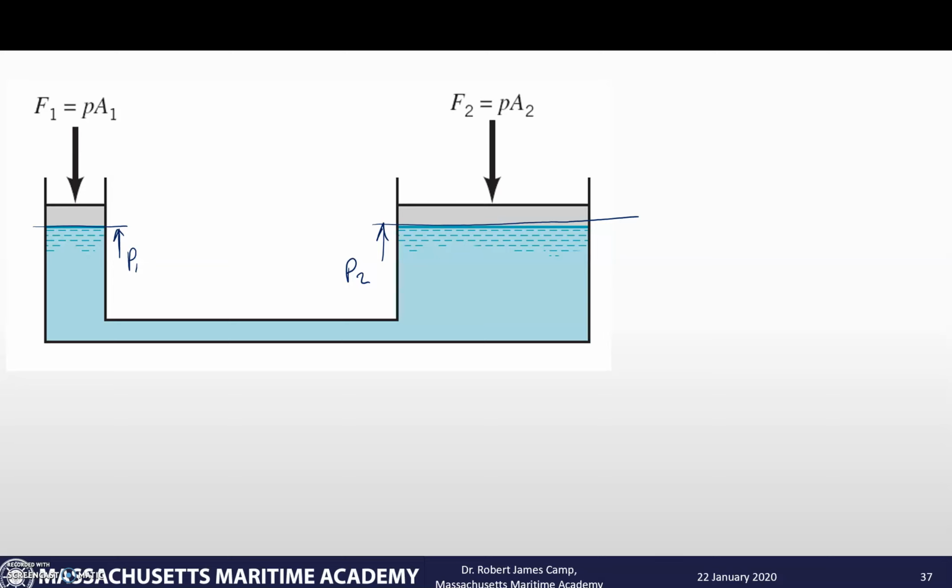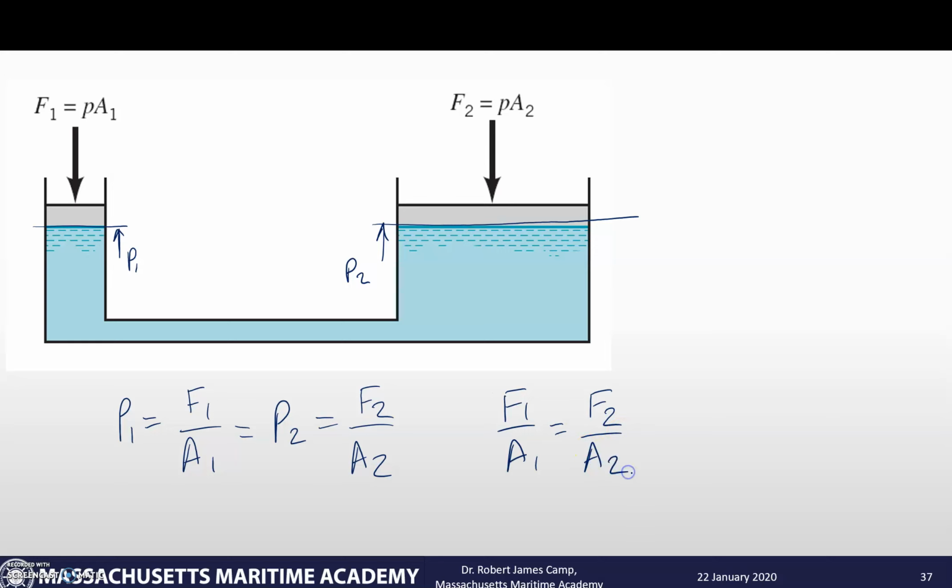And so how do we calculate out pressure? Well, you can see that force is the pressure times the area. So pressure at 1 is going to be the force of 1 divided by A1. Pressure at 2 is going to be the force of 2 divided by A2. And those all have to be equal. So what we can do is we can say, okay, well that means that force 1 over area 1 has to be equal to force 2 over area 2.